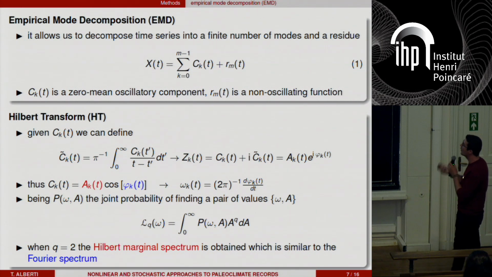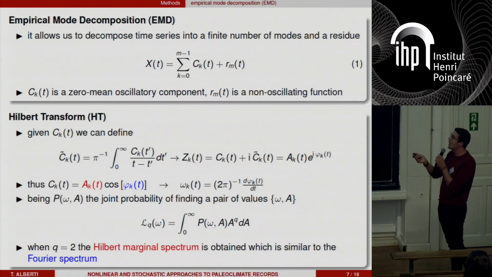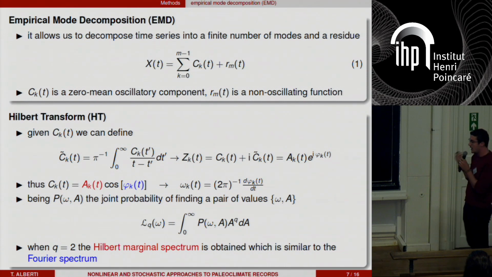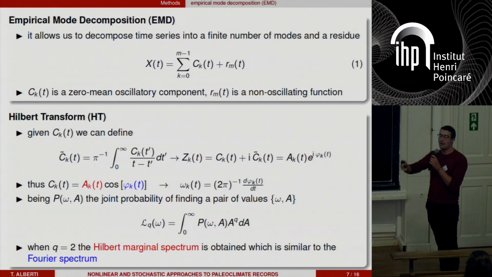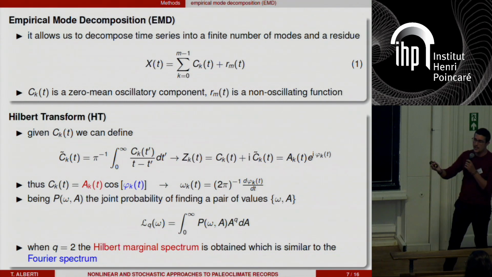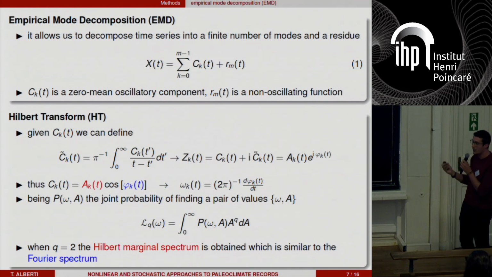The great property is that by using the so-called Hilbert transform, which is defined like this, you can write these empirical modes as modulated both in amplitude and in phase. This is one of the most interesting properties of the empirical mode decomposition, because it has a time-dependent amplitude and frequency or phase, with respect to the fixed amplitude and frequency of, for example, Fourier or wavelet analysis.